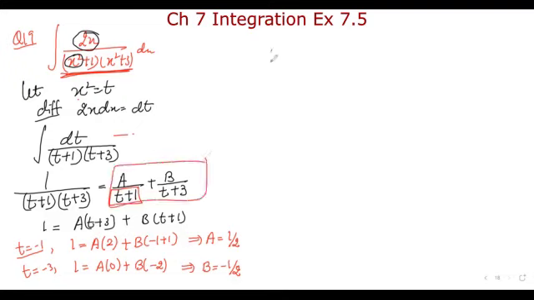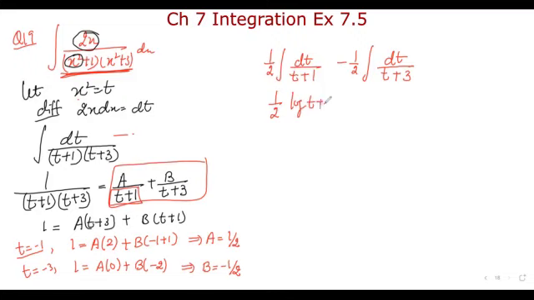So it will be half integral dt upon t plus 1 minus half integral dt upon t plus 3. Half dt upon t plus 1, the integral is log t plus 1, minus half log t plus 3 plus c.